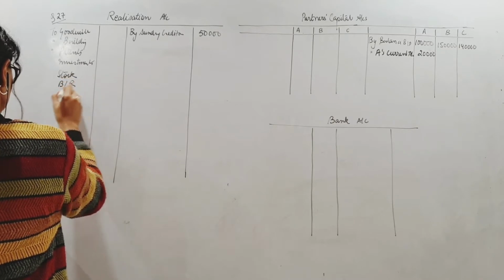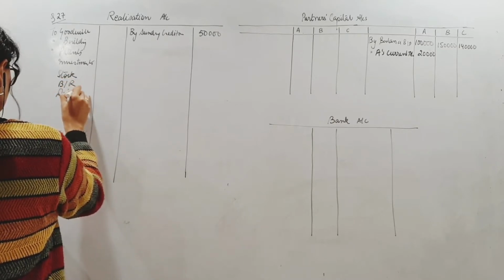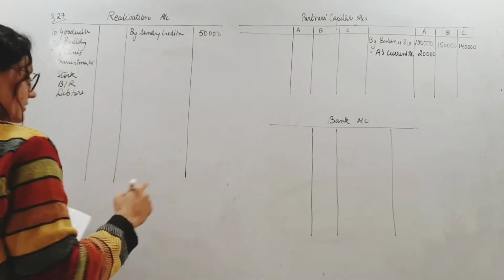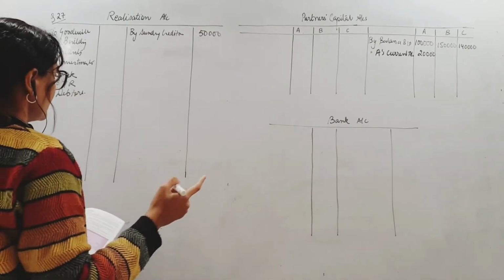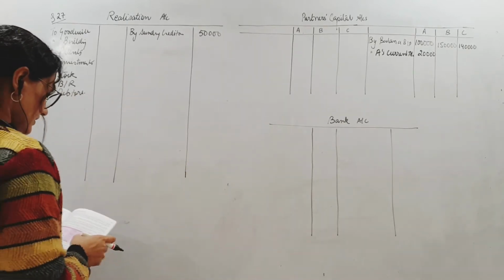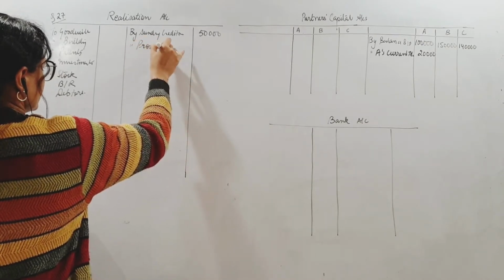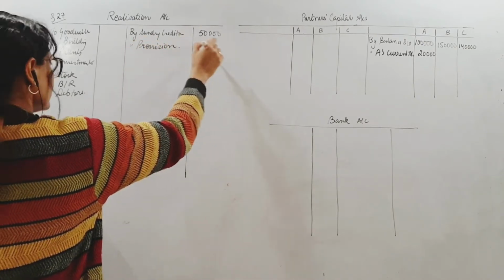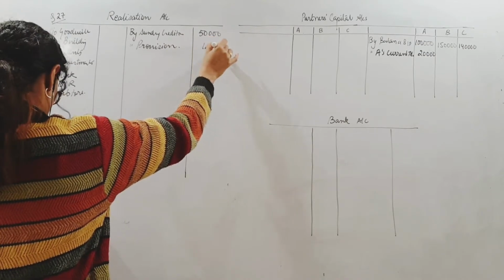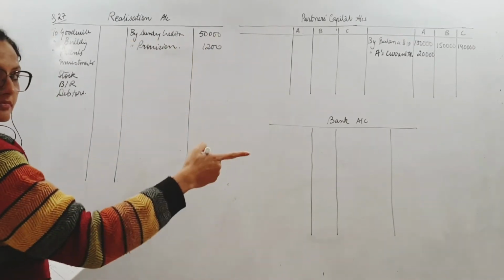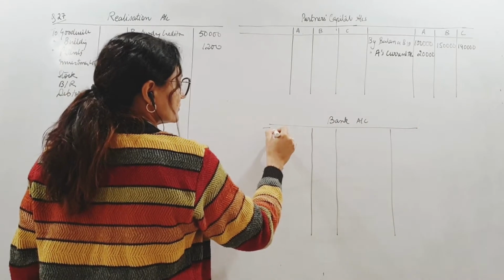Bills receivable, debtors, provision will come here. Yes, in the last video we learned that debtors and provision were two separate accounts, so we have to close it separately. Okay, provisions 1,200. Cash at bank, balance brought down.